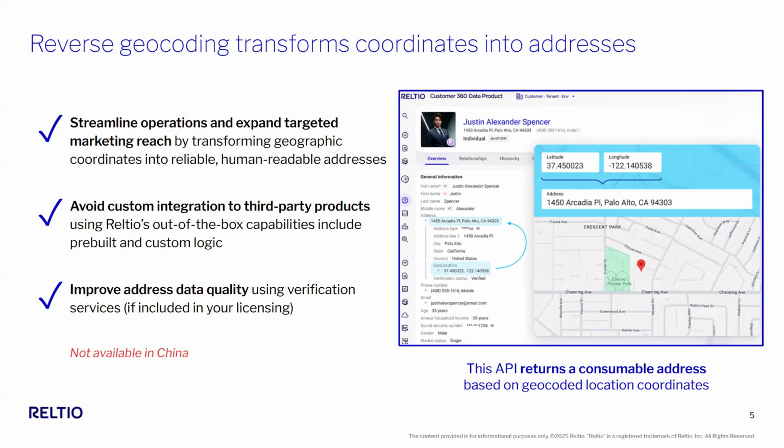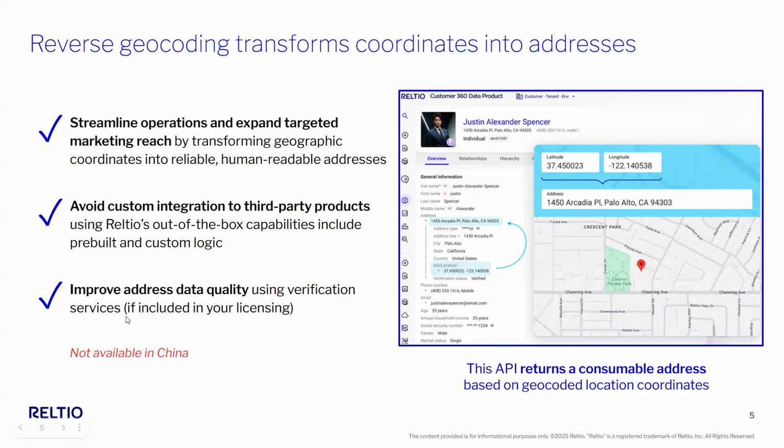Maybe the GPS device will give you the latitude, longitude, but translating those latitudes and longitudes into a proper address is what the companies are looking for. So in these kinds of scenarios, the ability to reverse geocode latitude, longitude into a proper address becomes really important.